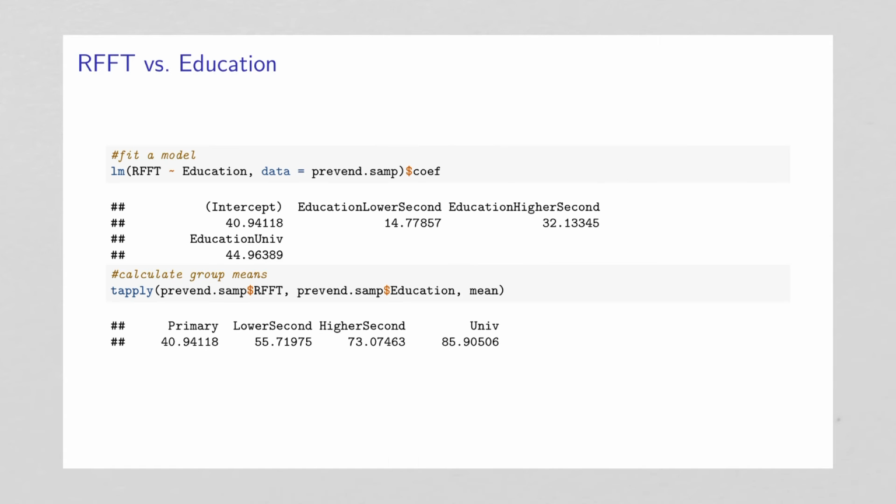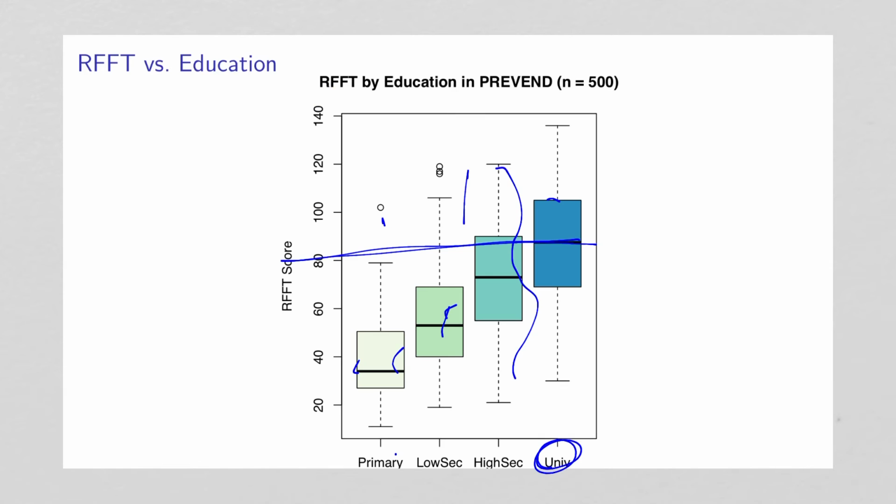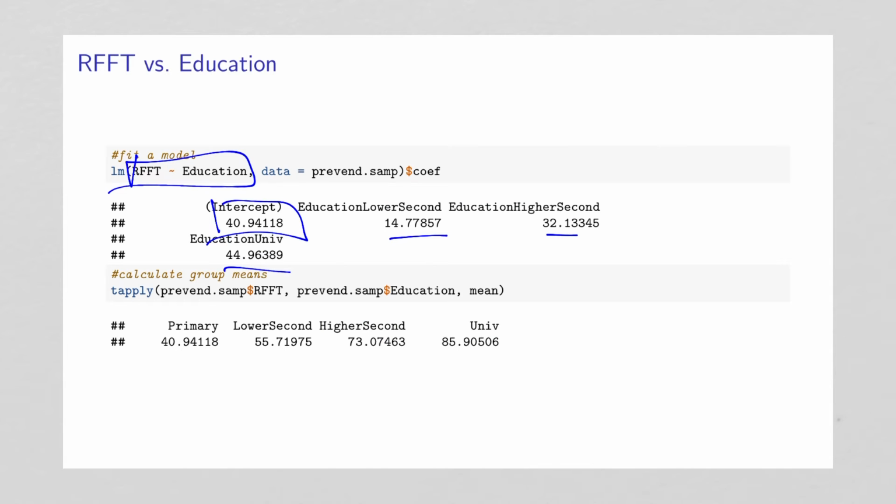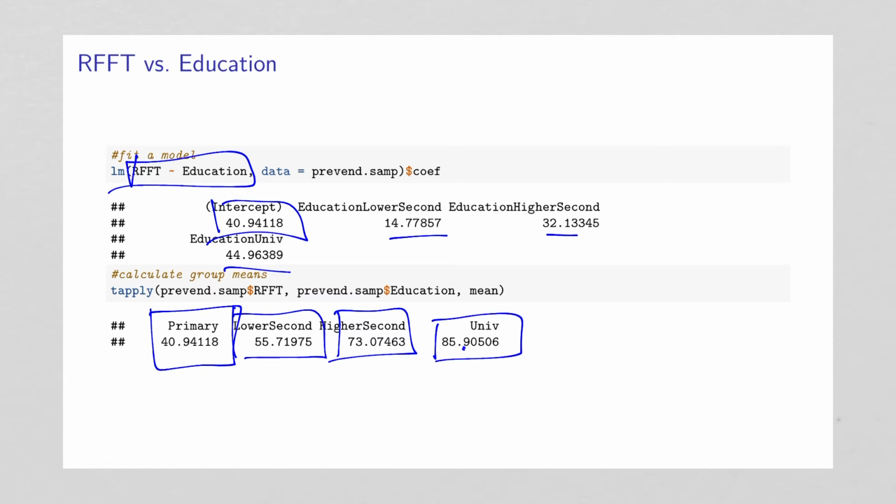We'll talk about that. So here you see RFFT and education, the intercept, and then each level. Your baseline, what was your baseline? You see primary is your baseline. And so primary is going to be your intercept. So these are the means that you're seeing actually displayed in here.